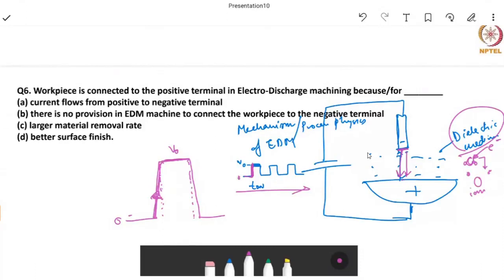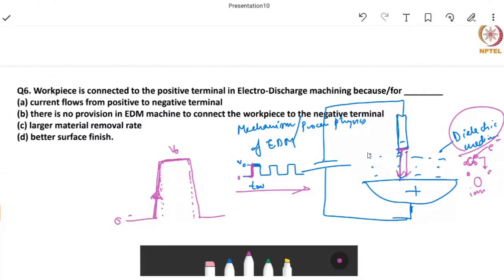As a result, a spark is generated here, and due to this spark, the material on the surface of the workpiece, as well as small portions of the tool, gets melted and vaporized. That is what we call ablation.